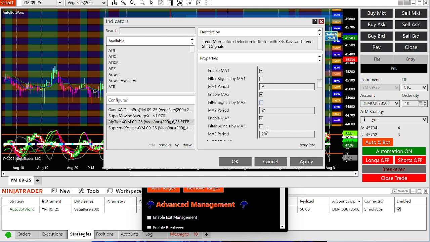The only thing that changes here is I have a certain set of testing done with filtering the 200, which means it's only going to take longs above the 200 SMA, and it's only going to take shorts below the 200 SMA. That is the only thing that changes there. I test the 200 with all of my Vega numbers, and then I switched over and tested the 21 with the Vega numbers.